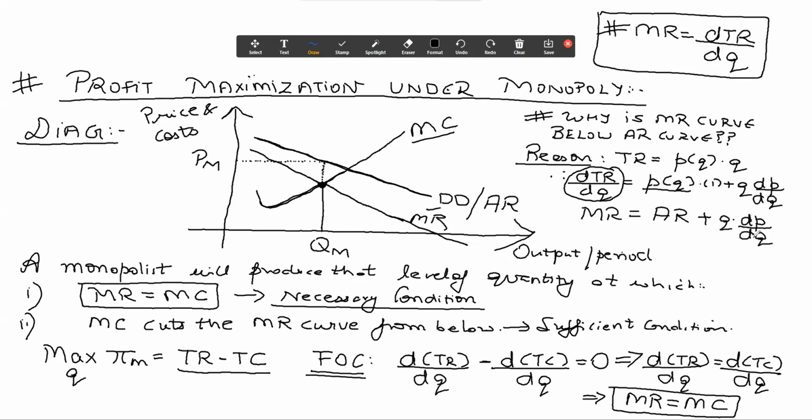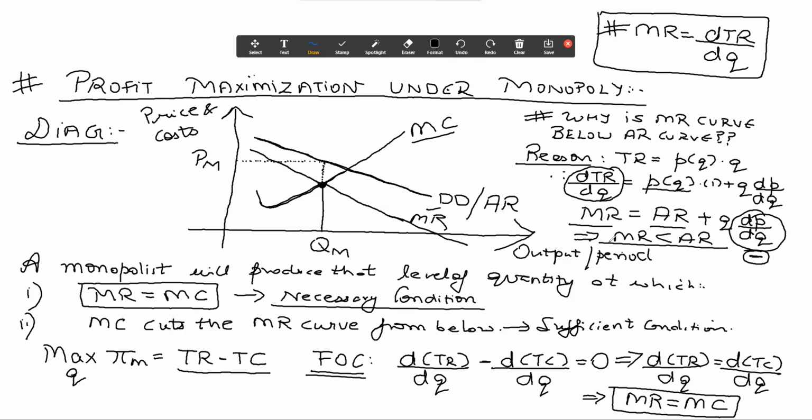Now all of us know that the demand curve is downward sloping. If the demand curve is downward sloping, my dP/dQ is negative. So I can say MR is equal to AR plus something which is negative. So this implies MR is less than AR. And since MR is less than AR, the MR curve lies below the AR curve.